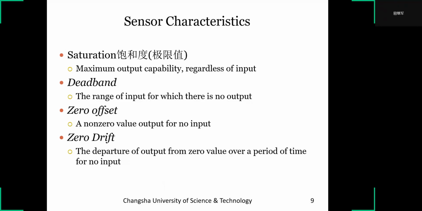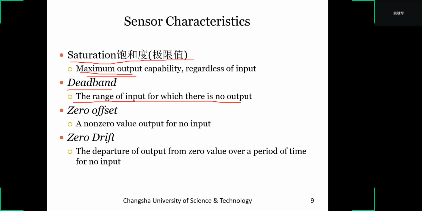Sensor characteristics. Saturation is the maximum output value, regardless of inputs. Deadband is the range of inputs for which there is no output.